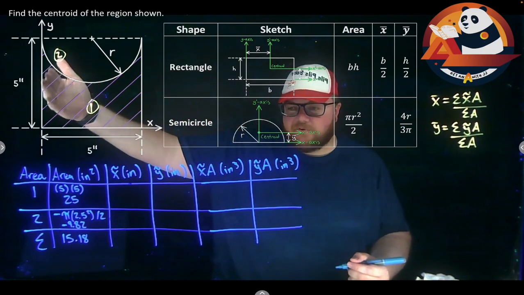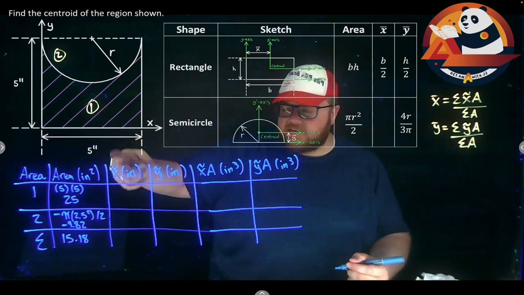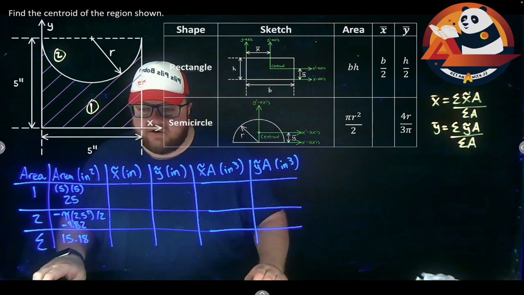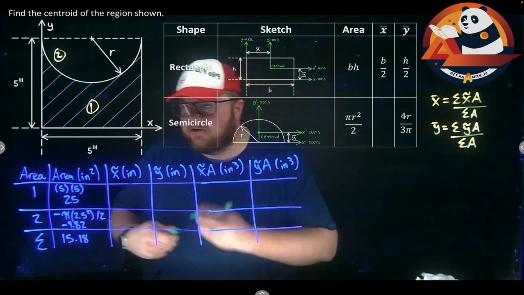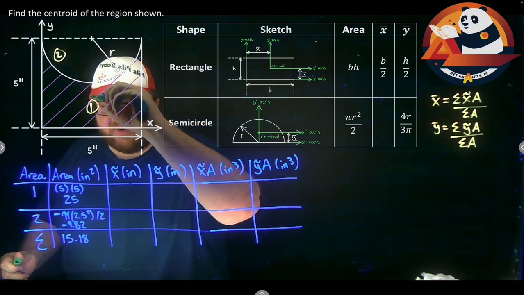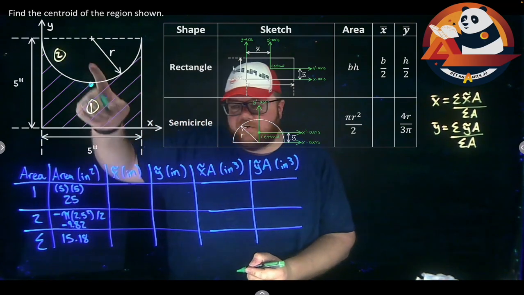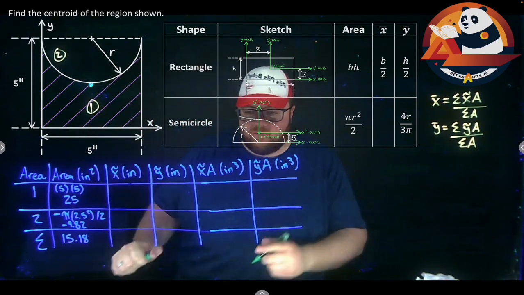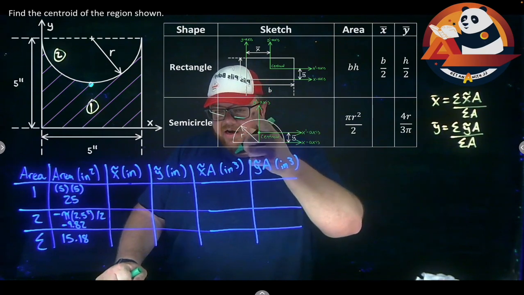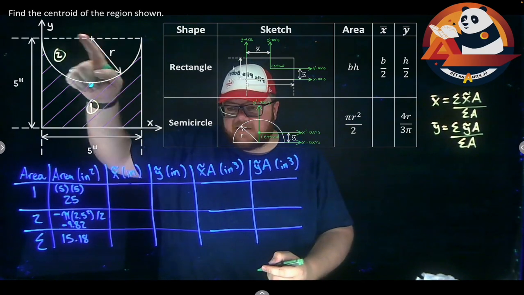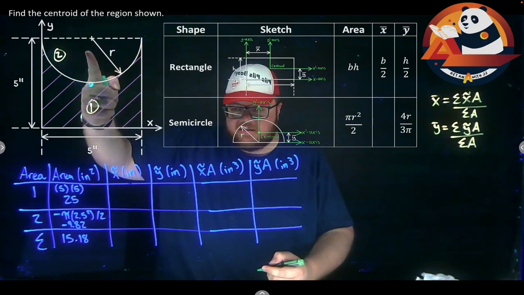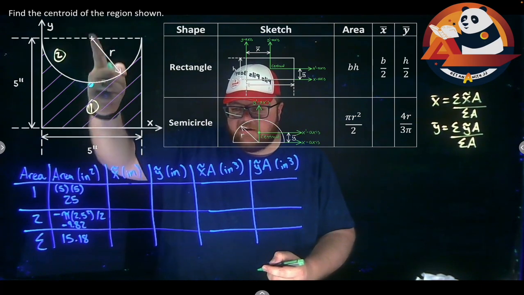Then we can get our x tilde values. I'm measuring from the y-axis to the centroid of each piece, so let's put a dot where those are. For our rectangle, it's right in the middle, halfway in and halfway up. For our semicircle, the centroid is in the very center, perpendicular to the flat side, so it's on this line straight down the middle.